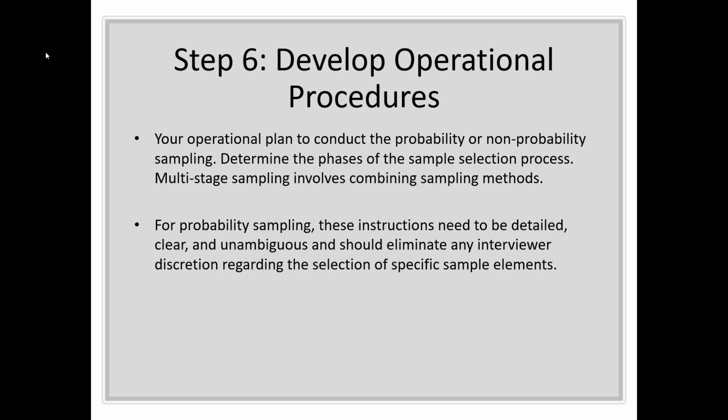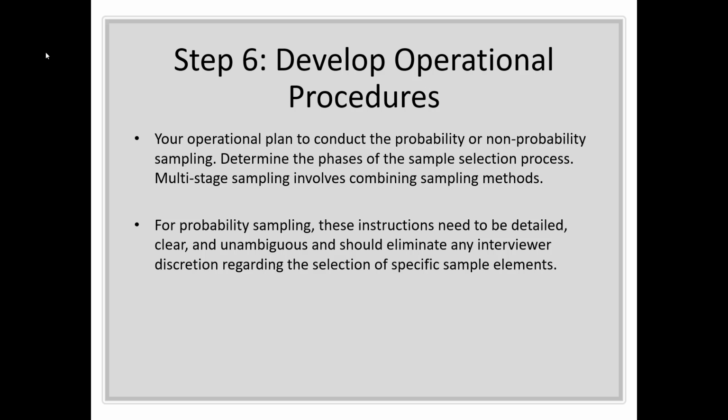Step number 6, develop operational procedures. Once you decide which type of sampling method you have and determine sample size, you need to sit down and develop a plan, especially for operational procedures. Probability sampling is very, very complex.